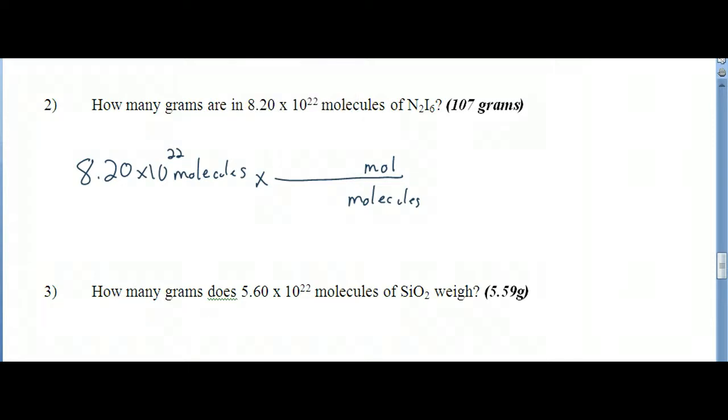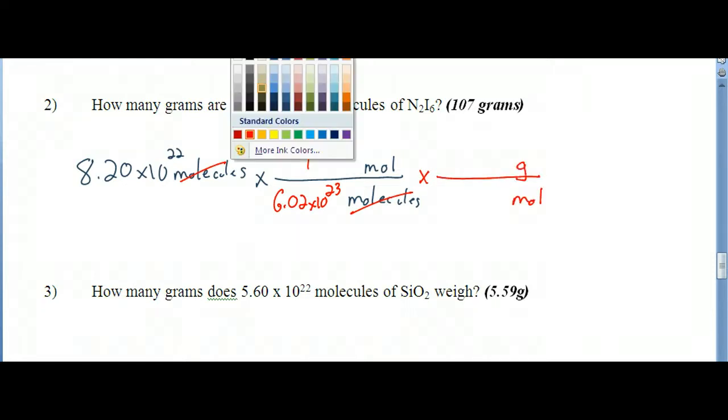This is a conversion we know to be true. 1 mole is equal to 6.02 times 10 to the 23rd molecules. Molecules goes away, and I'm left with moles. The question asks for grams, so I need to keep going. X, line, drag down the unit. Trying to get to grams. This is something that we do know.